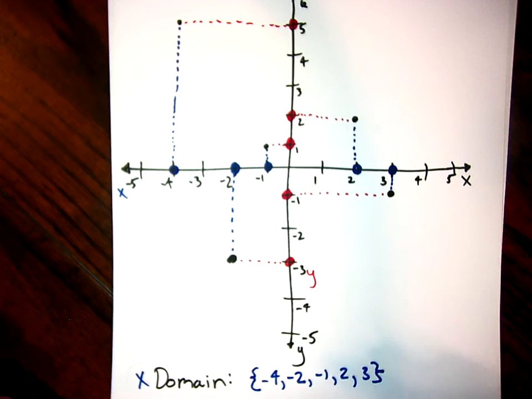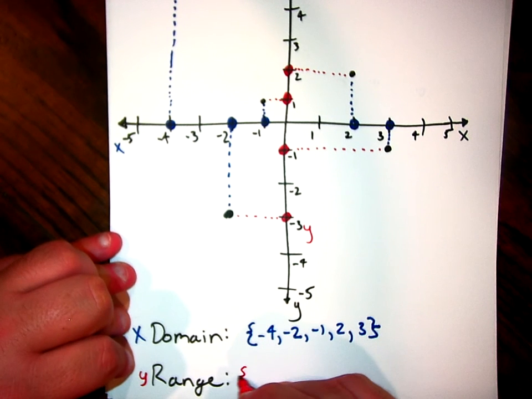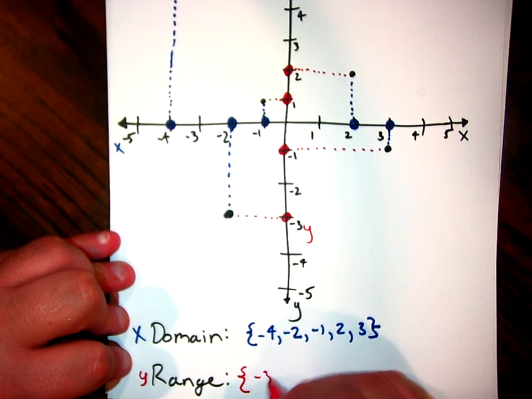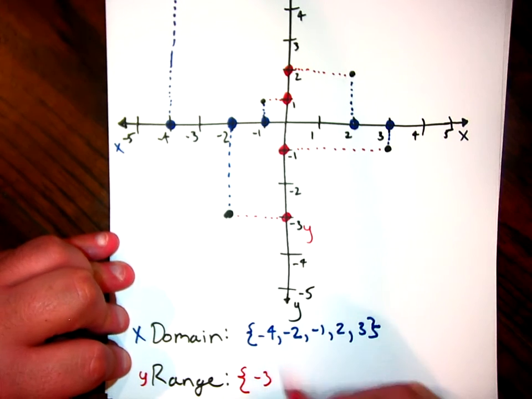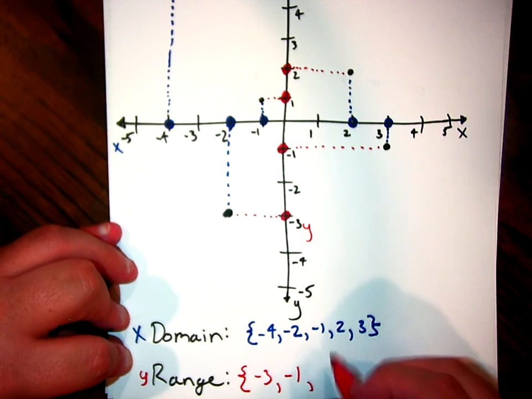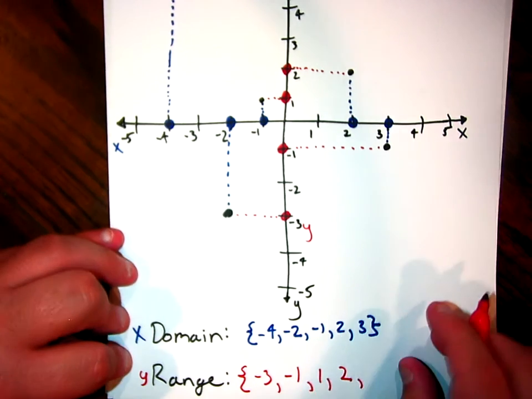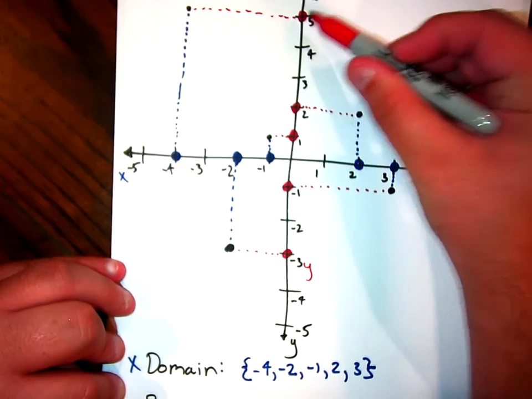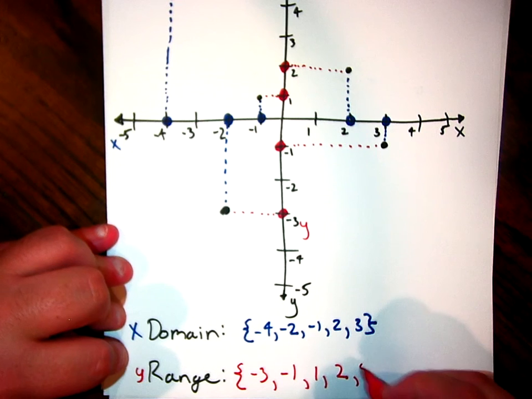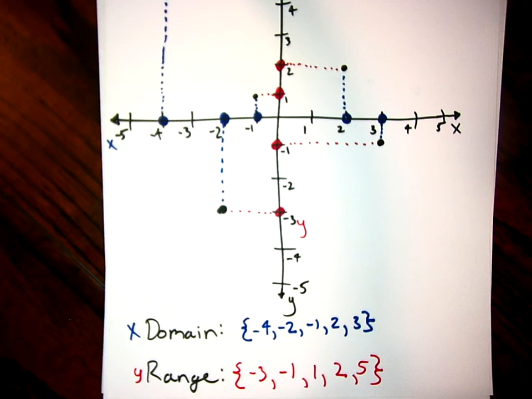So my range here is going to be -3, -1, 1, 2, and this one way up here that's kind of off the screen, this +5. And that is all of my range right there.